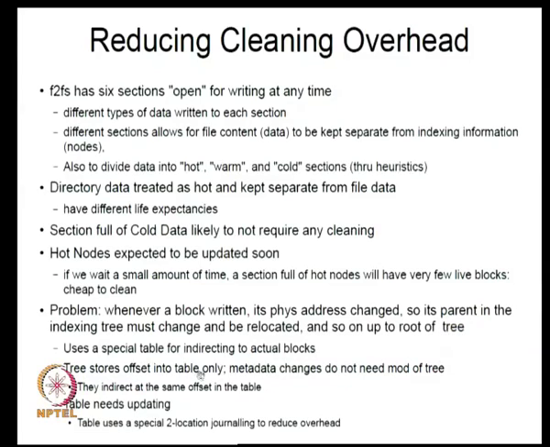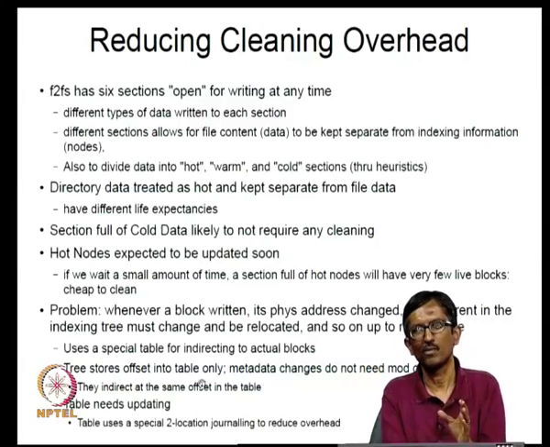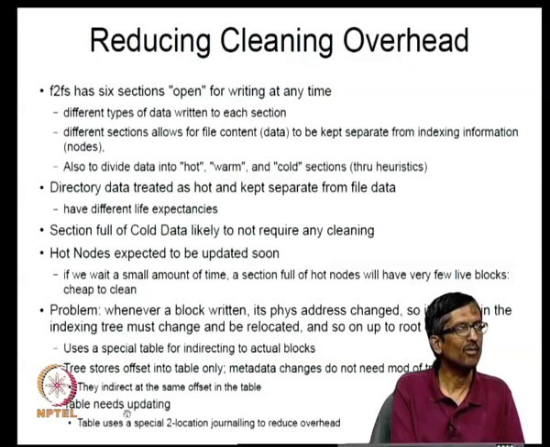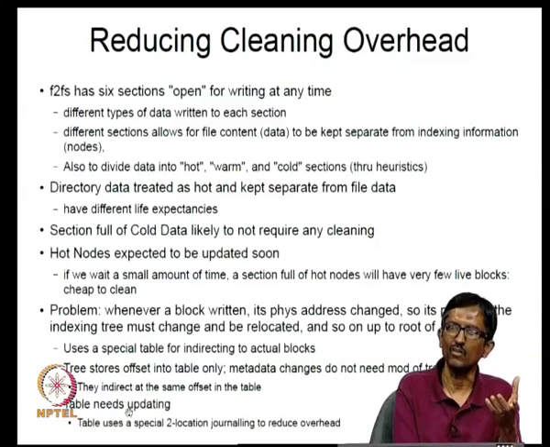Tree actually stores offset into table only, and that is fixed irrespective of all the changes you are doing. Because you have this non-update in place, it will be going to various places, but the offset remains fixed and the offset location will keep changing. So essentially they indirect at the same offset in the table, but our problem now is that the table itself is changing now.